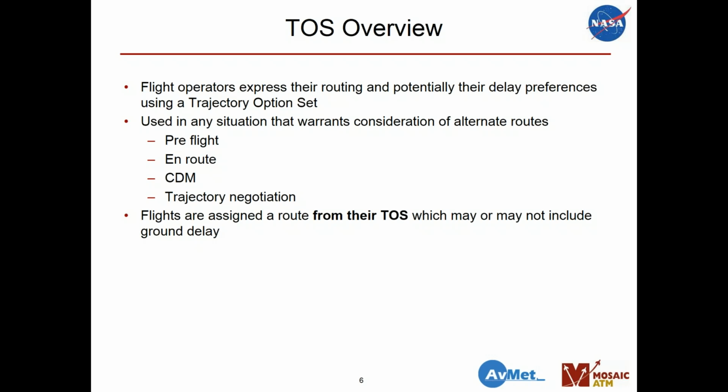And we envision that this could be used not just for pre-flight, but in the future could also be used for en route, in-flight type of trajectory negotiation as a capability and as an information exchange mechanism between flight operators and ATC. That being said, most of the research we're focusing on right now is looking at the pre-flight use of the TOSes.